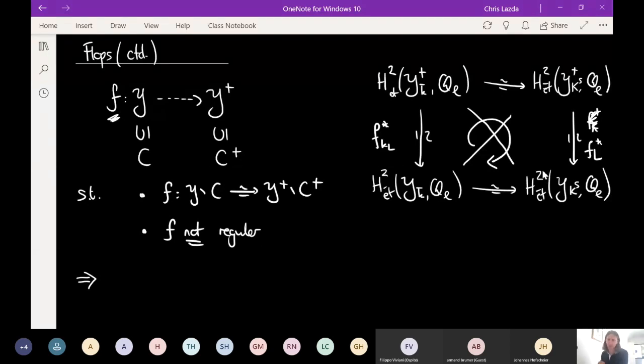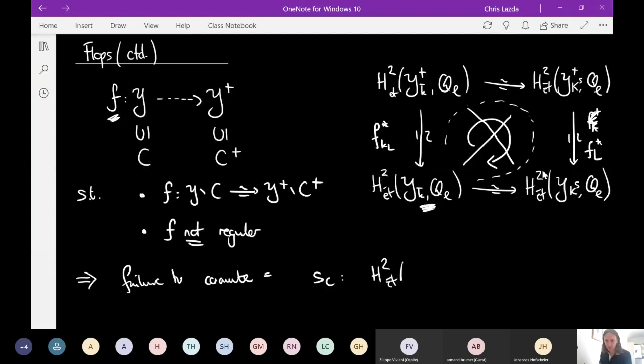And in fact, you can explicitly say how it fails to commute. You can say what the map is by starting in this corner and following the diagram all the way around. So the failure to commute is the map which is given by reflection in the class of this flopped curve C here.